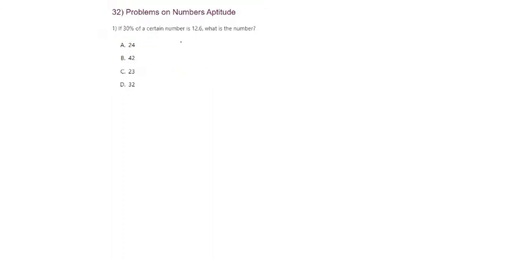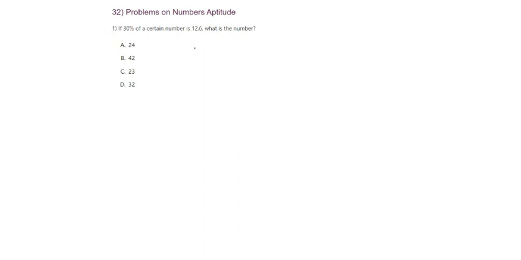Okay, now next question. Problems on numbers, aptitude. If 30% of a certain number is 126, what is the number? Let the number be x.